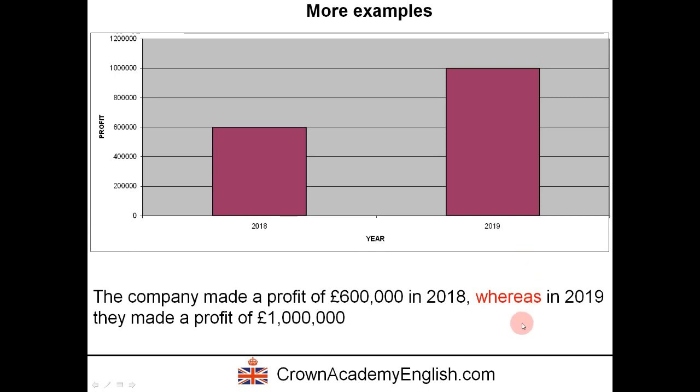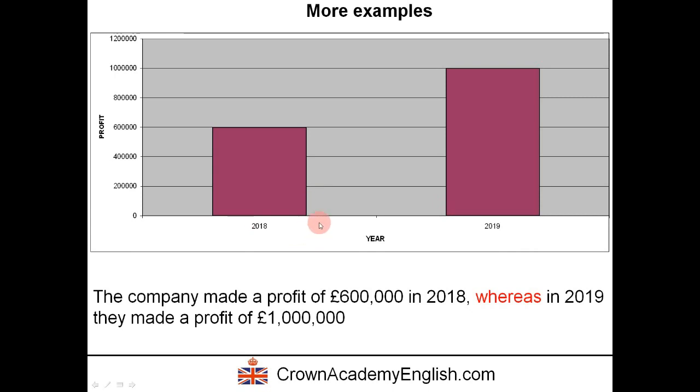Okay, so you can see whereas is very useful when we are analyzing data. So it's useful in some exams as well. There are some English exams or some economics exams. I remember one of my economics exams when I was at school. We had to analyze data.